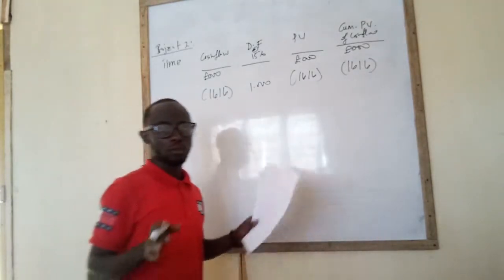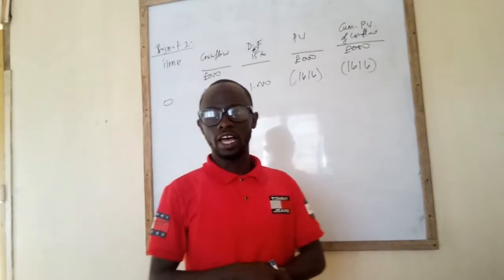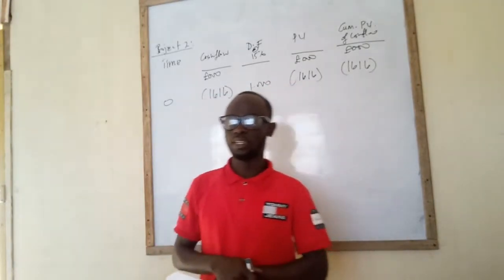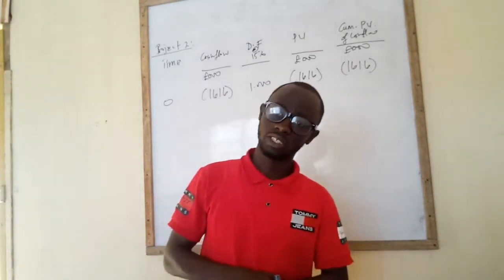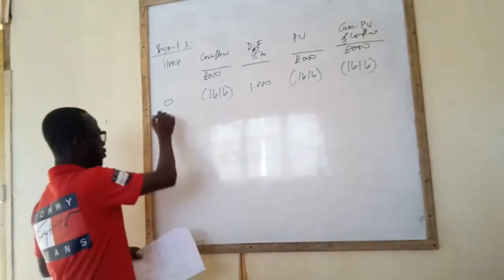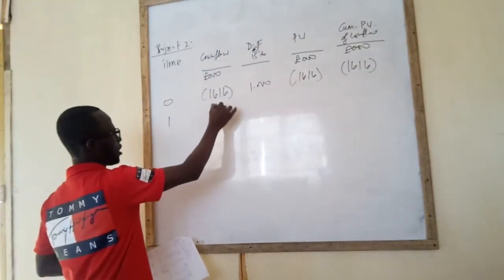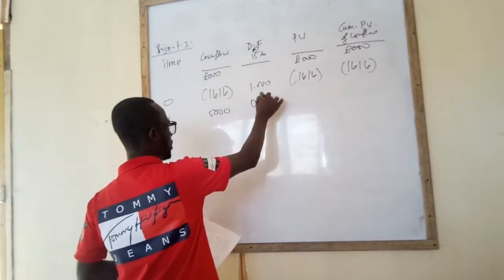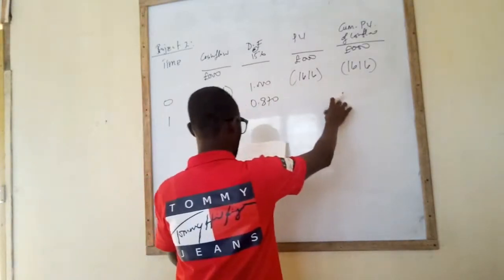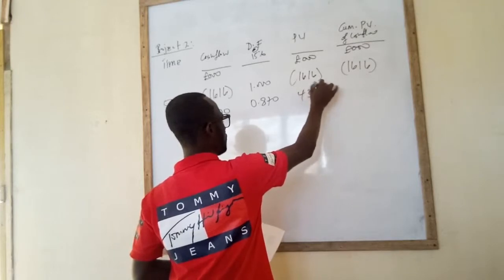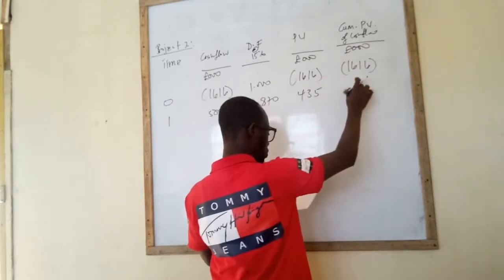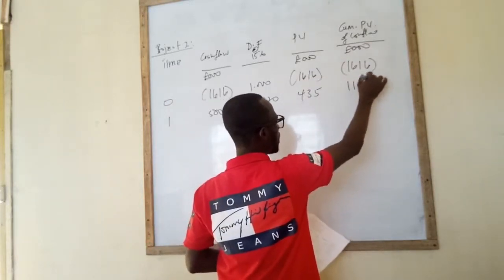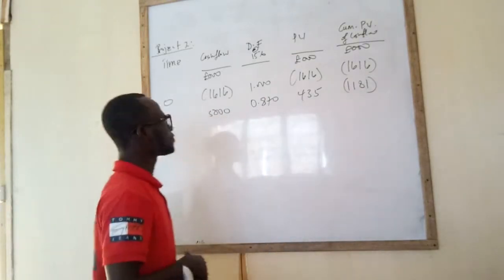We are told that project 2 is going to receive a returns net payment of how much? 500,000 every year. So year 1, 500,000 is coming in. Discount factor 0.870, and that will be 435. We look at it and that will reduce to 1181, still negative.